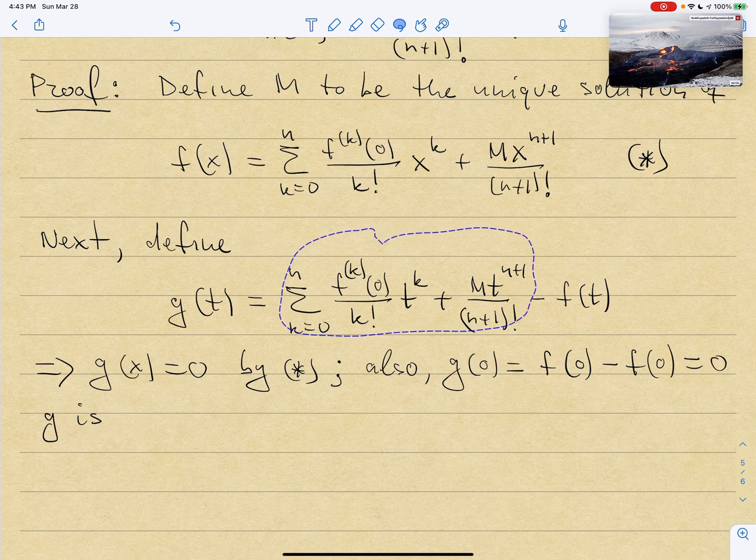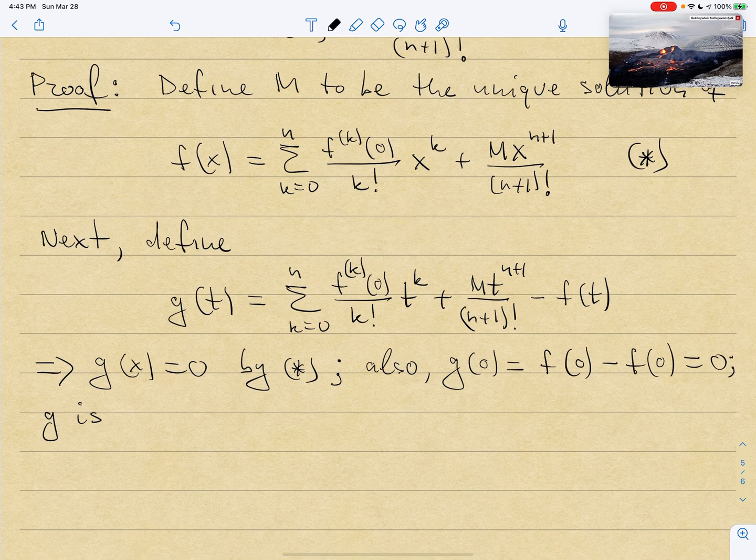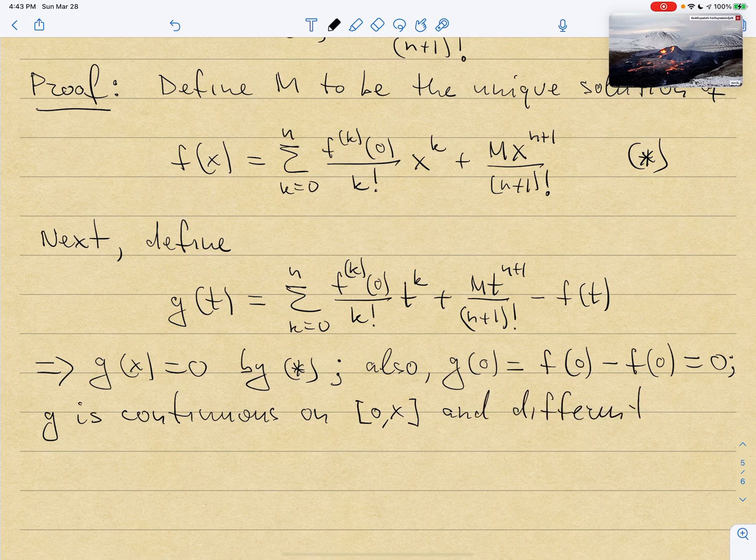So g is going to be continuous on the interval from 0 to x and differentiable on (0, x). Again, without loss of generality, I'm assuming that x is positive, and if x was negative, I can do the same thing, except the interval will change to [x, 0].